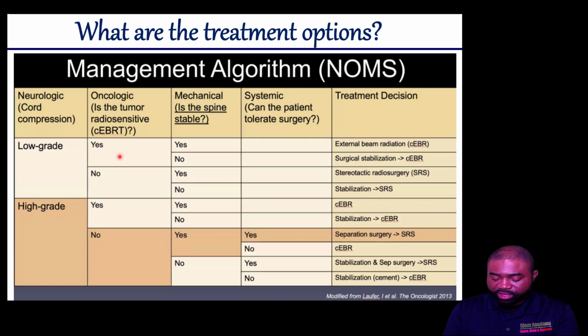before I proceed, one of the most important determining factors for all spine cases is spinal stability. If the spine is not stable, the patient will not be able to lie still on the table, and it makes no sense to treat a moving target, because we are delivering a very high dose, so it is paramount that we immobilize the patient.